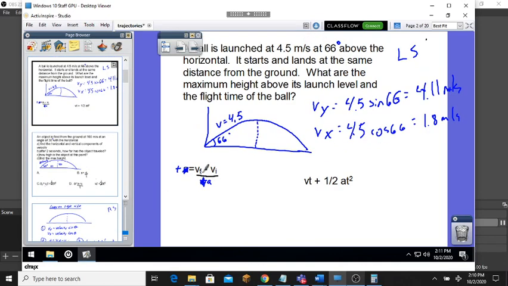So let me rewrite it: T equals VYF minus VYI over A. I'm going to plug in my numbers.